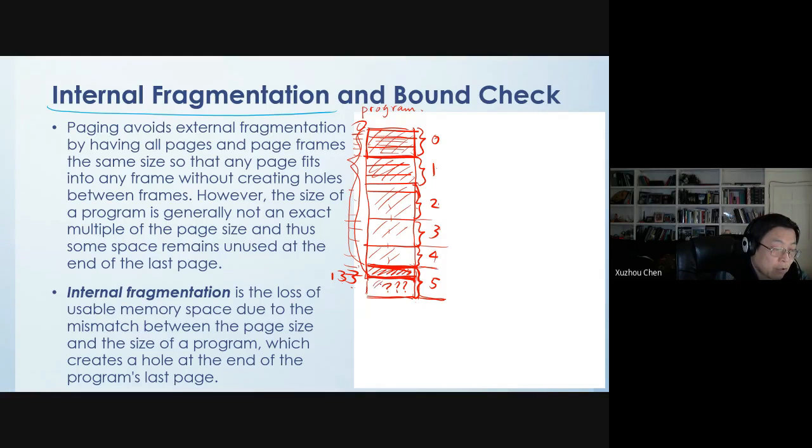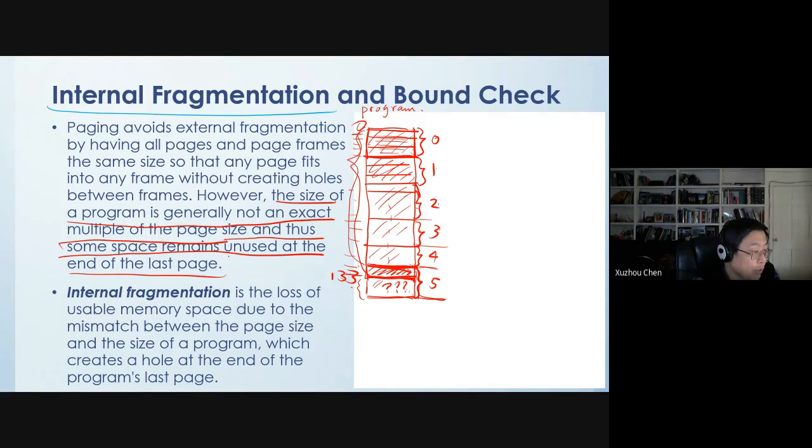So there's still a small hole over here. That's called internal fragmentation. That's because the size of the program is generally not an exact multiple of the page size, and some space remains unused at the end of the last page.